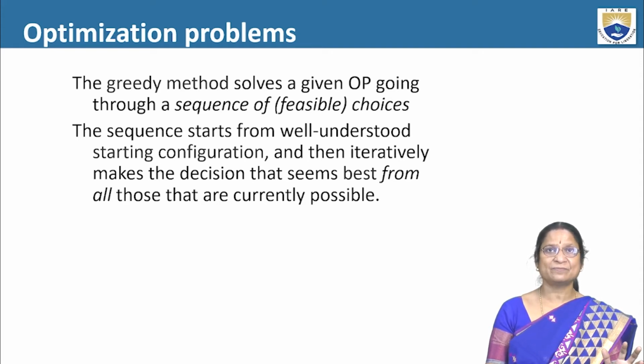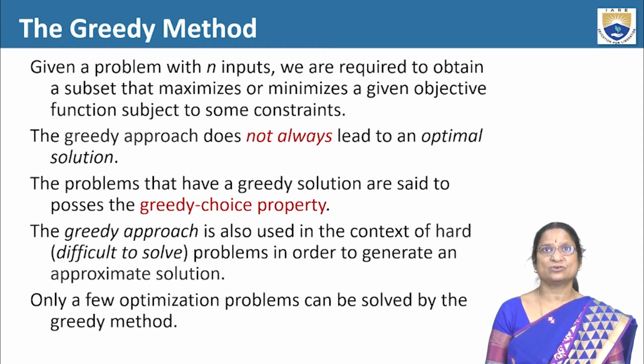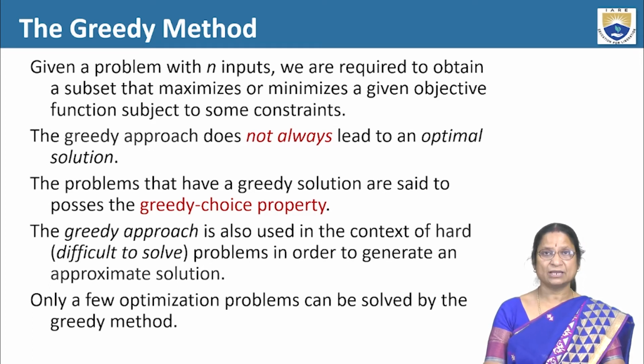Starting from the given starting configuration, it iteratively makes the decision that seems best from the current possible choices available. That's why, as I stated earlier, the greedy approach does not always lead to an optimal solution. It all depends upon the problem.